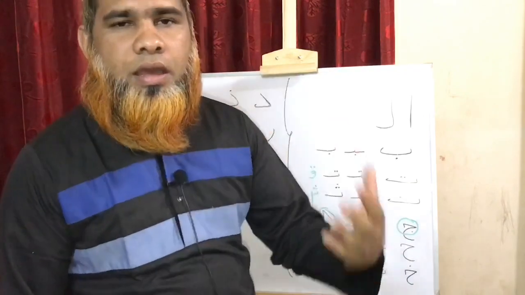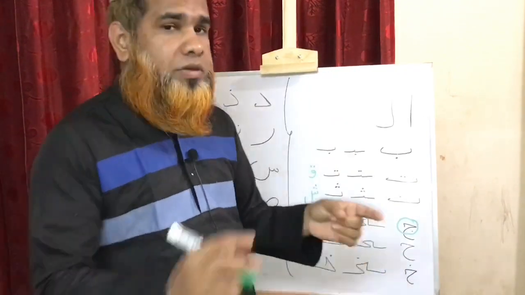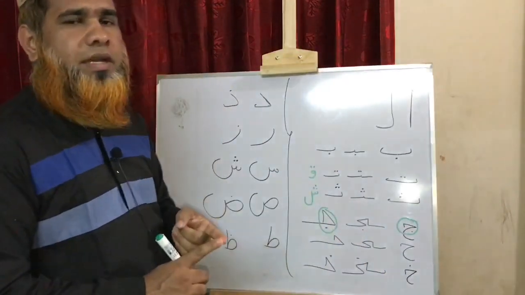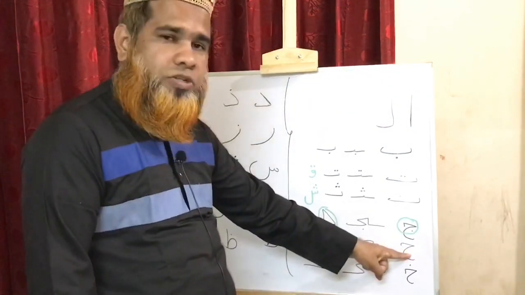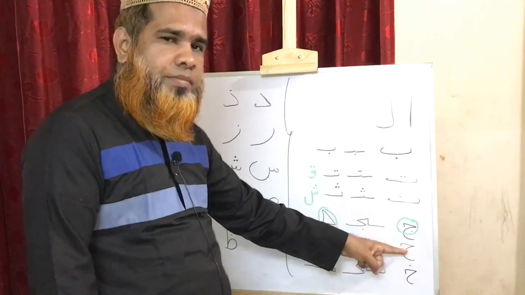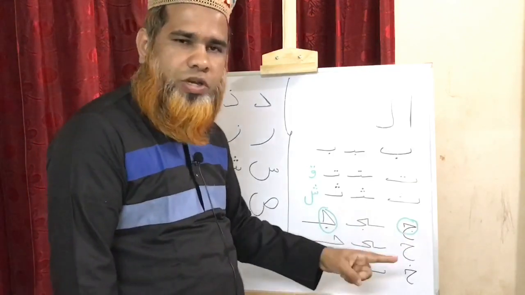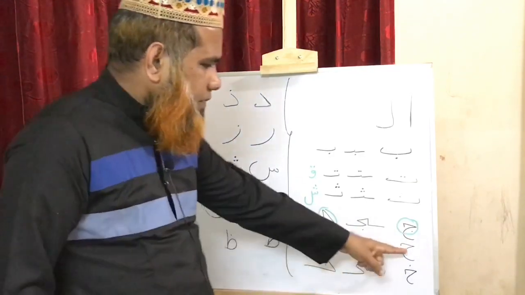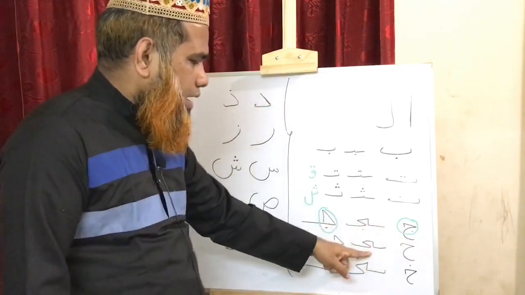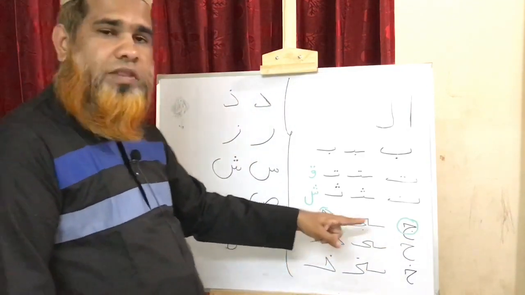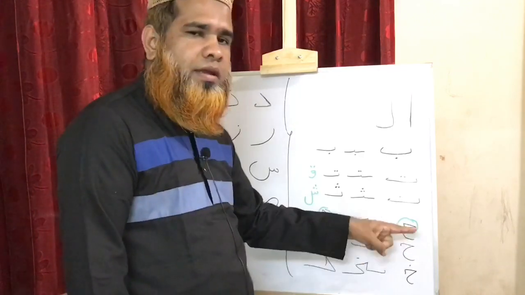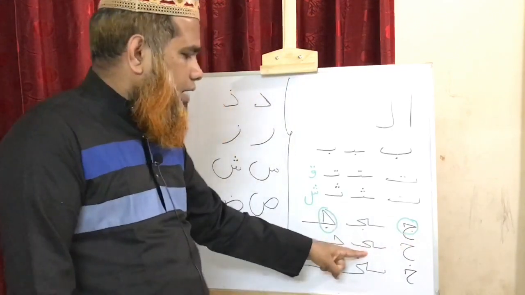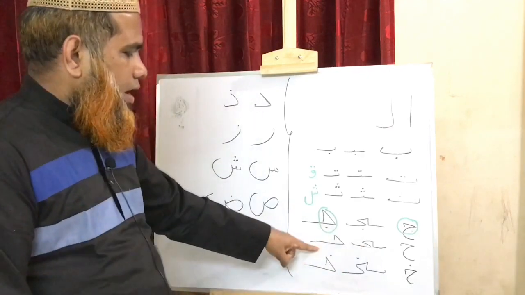Ha, but a bit closer to the letter H. So ha has no dot. Ha looks like jim, but has no dot. Say with me again. You will have to practice it more. Ha, ha, ha.